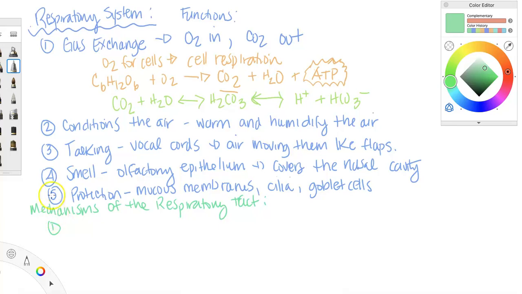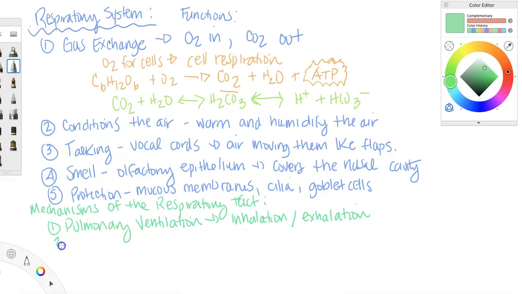So the first one is pulmonary ventilation. So pulmonary ventilation is just breathing in and out. So inhalation and exhalation.